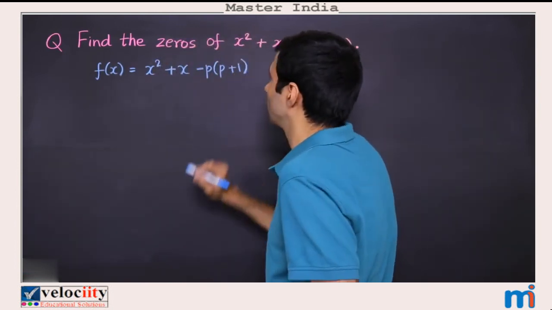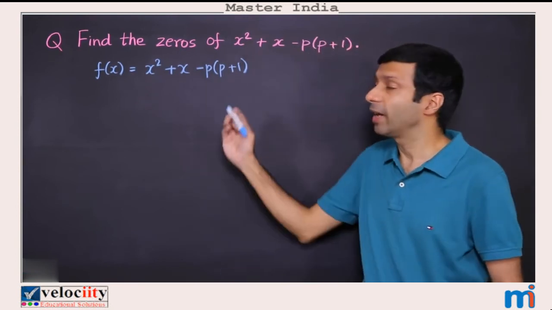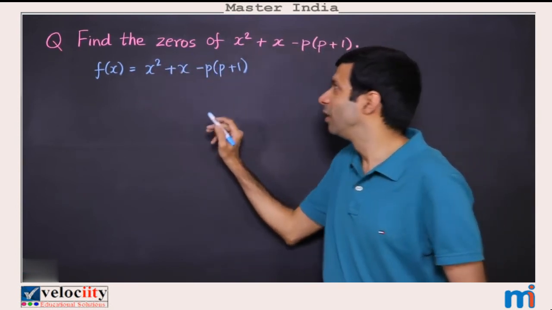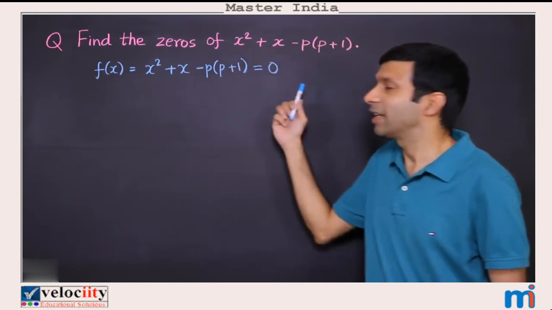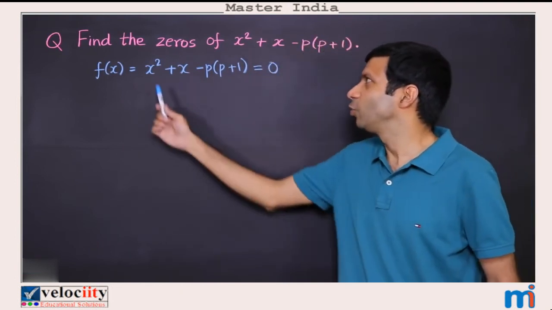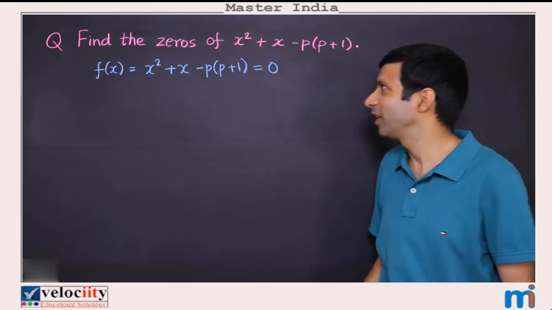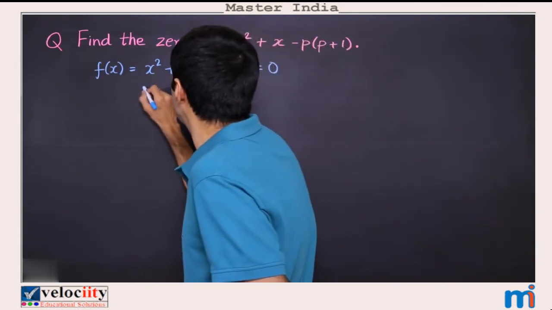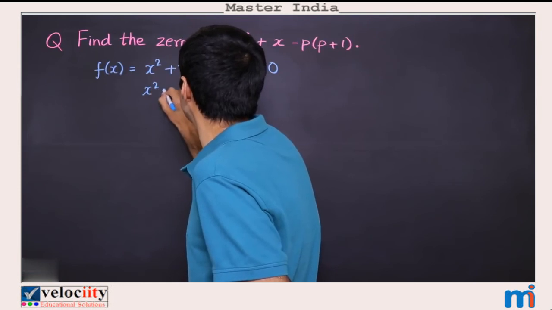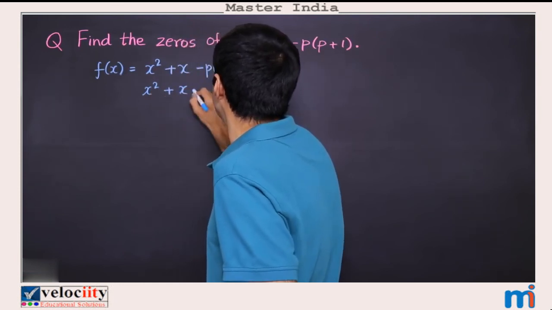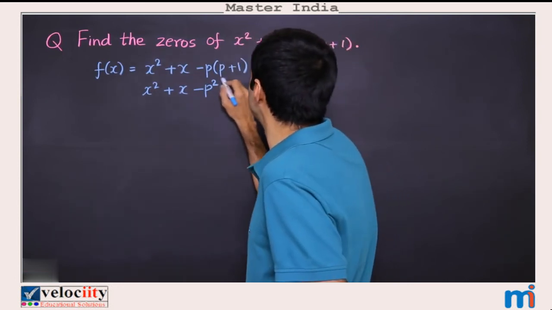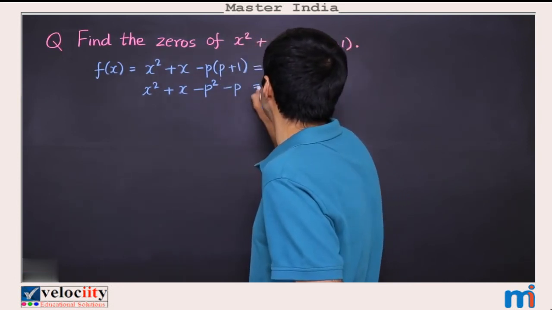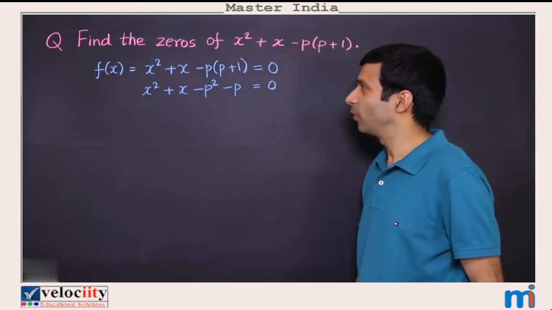And remember, to find the zeros of the polynomial, we need to equate this polynomial to 0. So that's our equation, and we need to solve for x here. It's pretty simple, and first let's expand it out here. So x square plus x, and let's expand out these terms. So we are going to get minus p square minus p equal to 0.